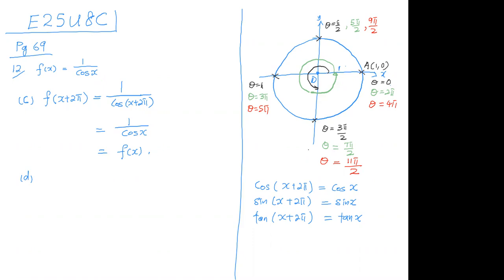Go to the window, set the domain from negative pi by 2 to 5 pi by 2. You do a zoom fit.